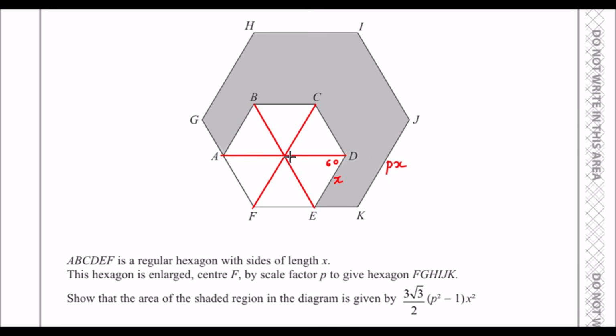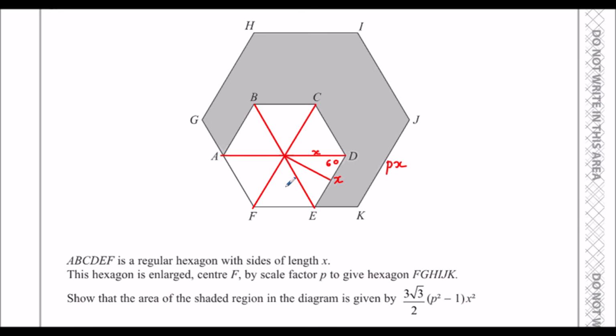And we can work out the area of the triangle. Area of a triangle, we can use half base times height, or we could use half AB sine C, because we know that this length is going to be x as well. It's an equilateral triangle, so that's x and x.